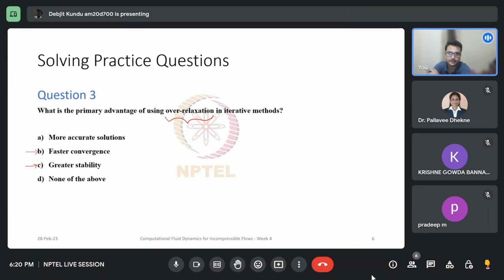What is the primary advantage of using over relaxation in iterative methods? Does it give us option A, more accurate solutions, option B, faster convergence, option C, greater stability, or option D, none of the above?